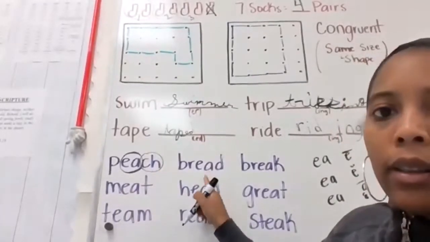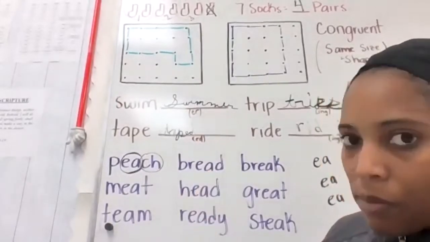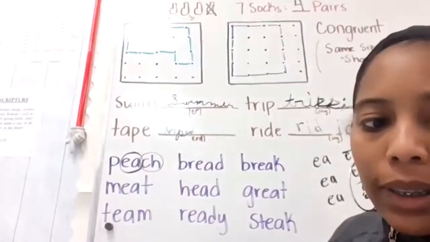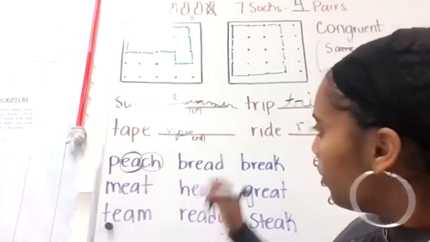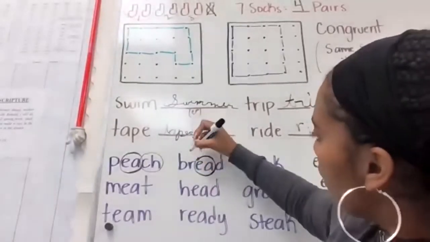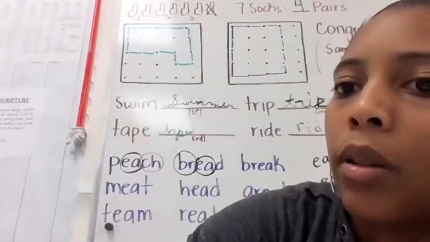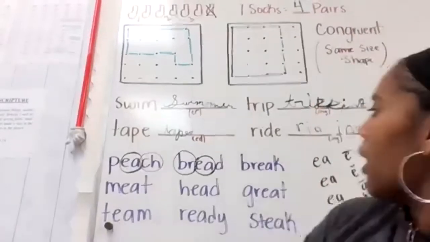Okay, next one. Avaya, sounds. Circle BR and circle EA. What's the word? Bread. Okay, next one.